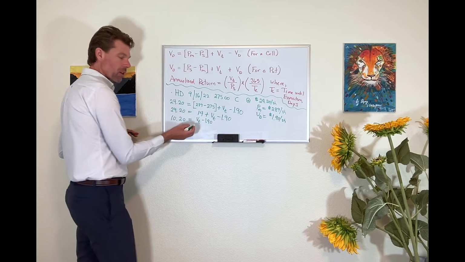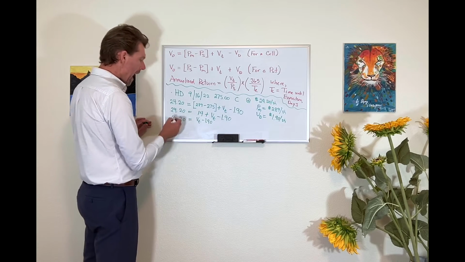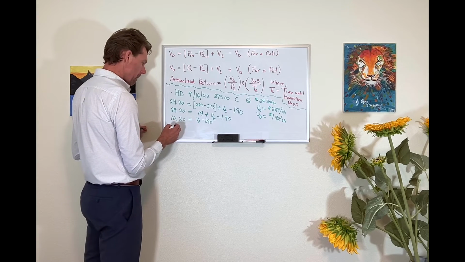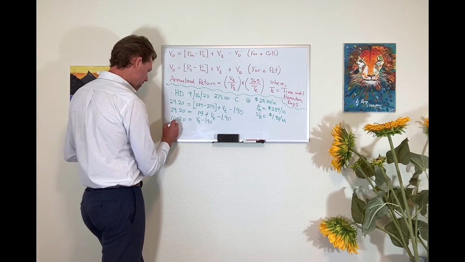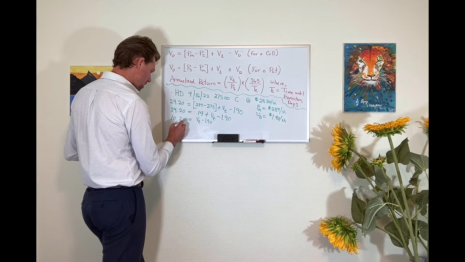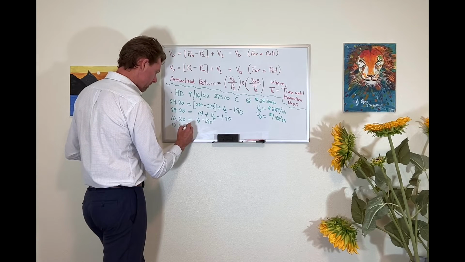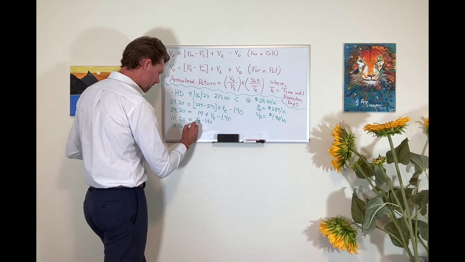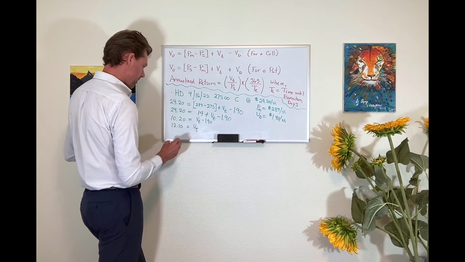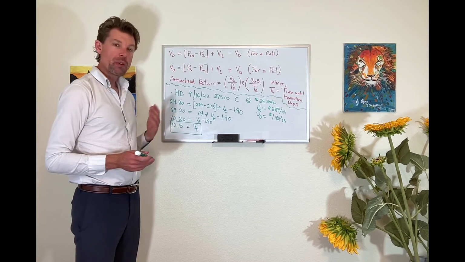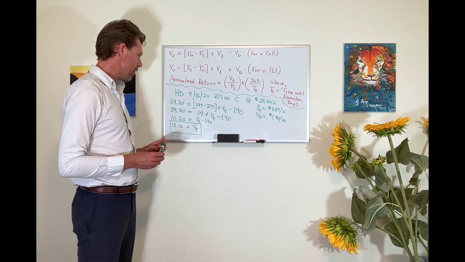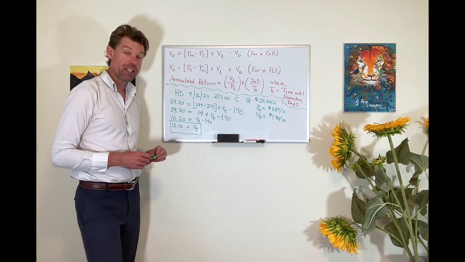And now we're minusing 1.9 on this side, so we have to add 1.9 on the other side. And it comes out to 12.1. So it comes out here that the time value of this option comes out to $12.10.